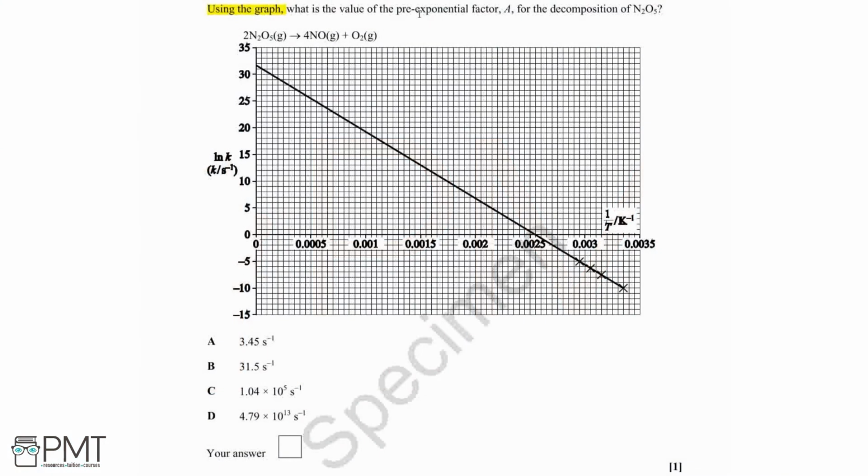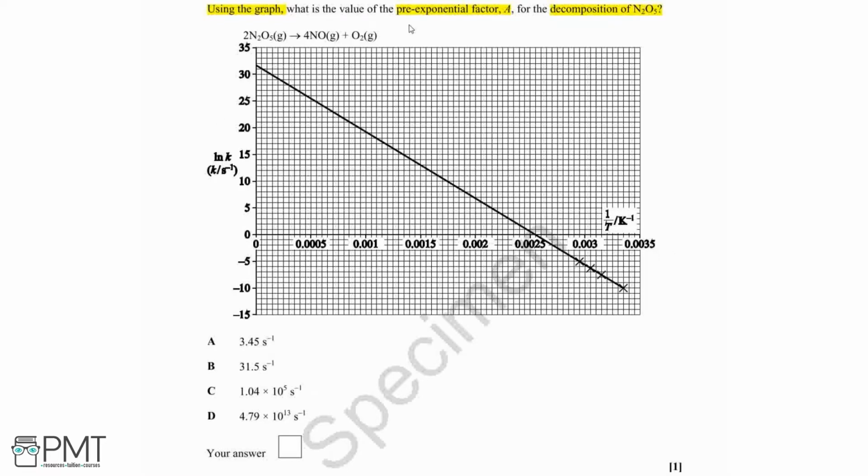Using the graph, what is the value of the pre-exponential factor A for the decomposition of N2O5? So we've got our equation here for the decomposition, and here we've got a graph where we've got ln K plotted on the y-axis and 1 over T plotted on the x-axis.